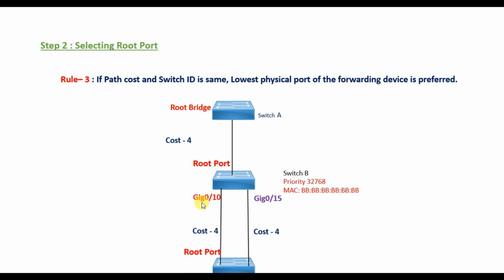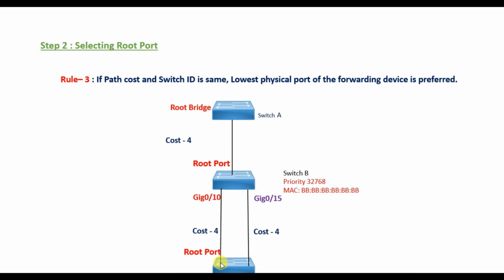One is terminated on Gigabit Ethernet 0/10, and the other on Gigabit Ethernet 0/15. As 0/10 is lower than 0/15, I have considered the port connected to the 0/10 interface as the root port. So this is the root port.